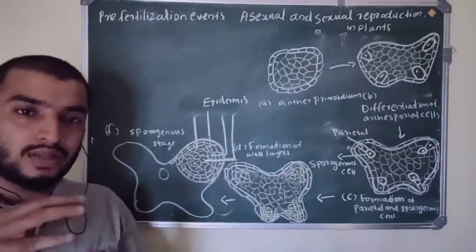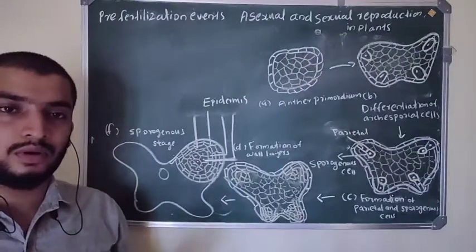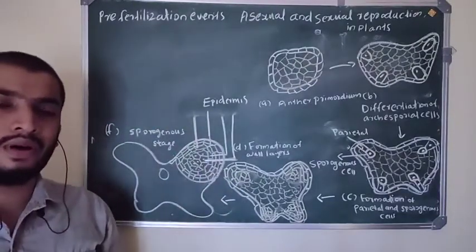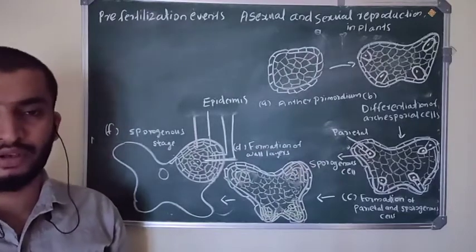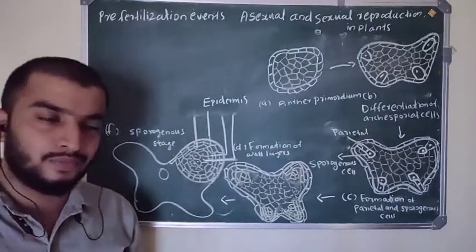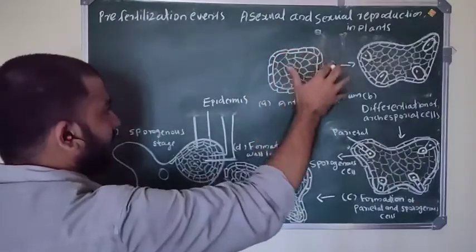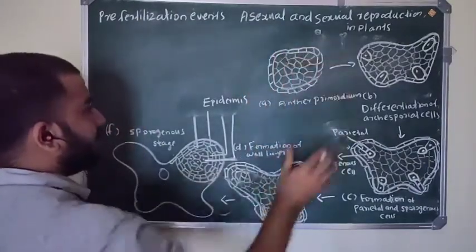Now we are going to study how the anther, which contains the pollen grains, develops at the time of sexual reproduction. First, the anther primordium is formed: a mass of cells surrounded by epidermis. This is the first step of anther development.